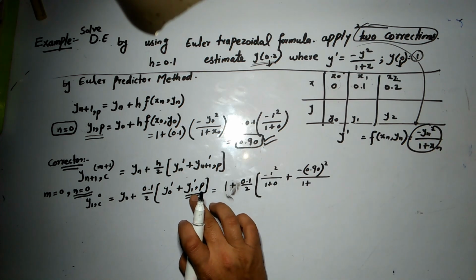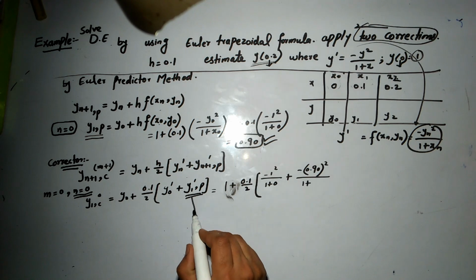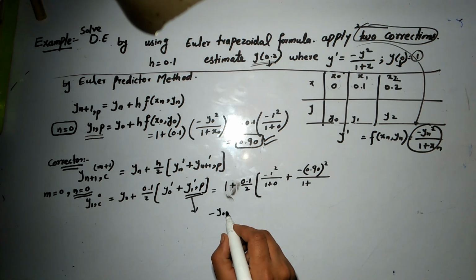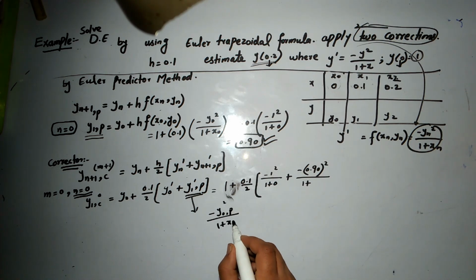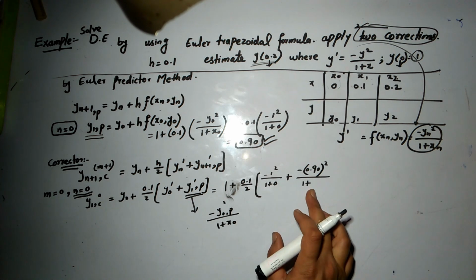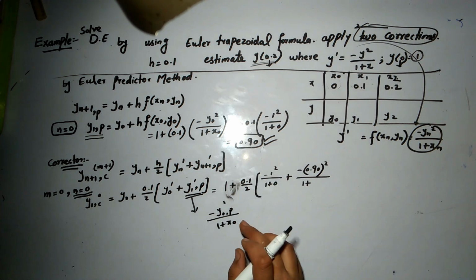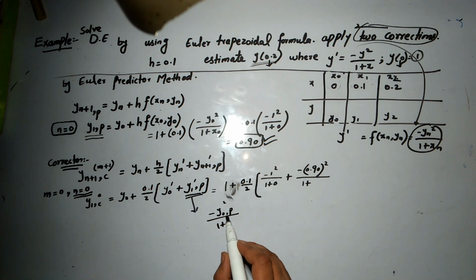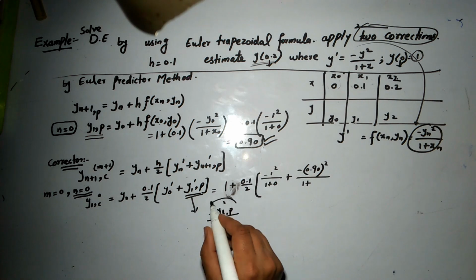Here this will be x0, and this point will be equal to minus y0 squared over 1 plus x0. So this will become minus 0, and this is x1, y1, so this will become y of 1 p and x of 1.